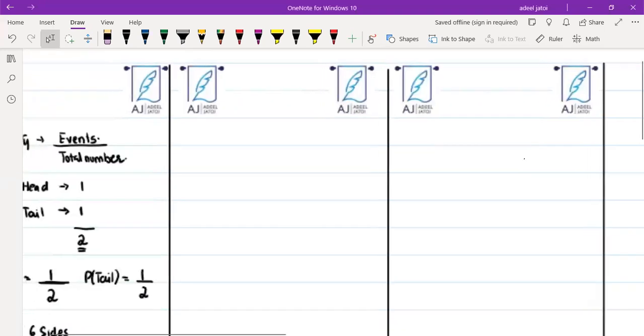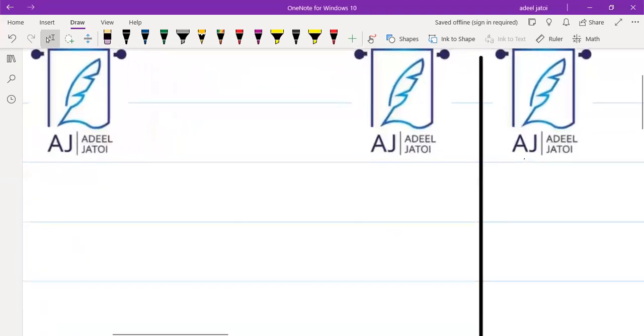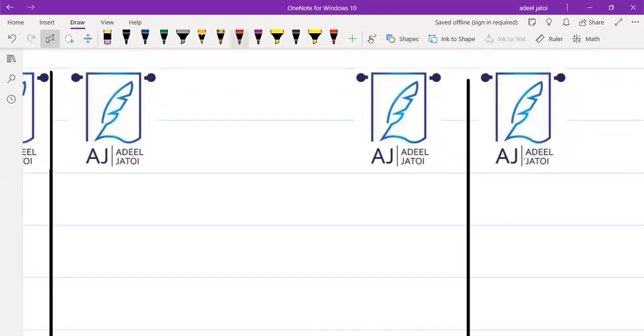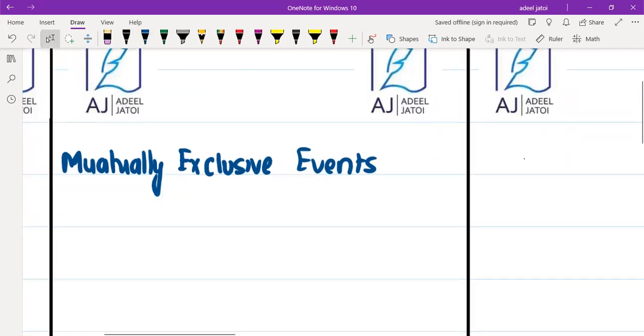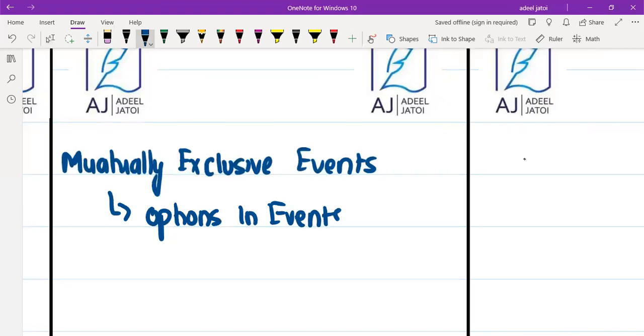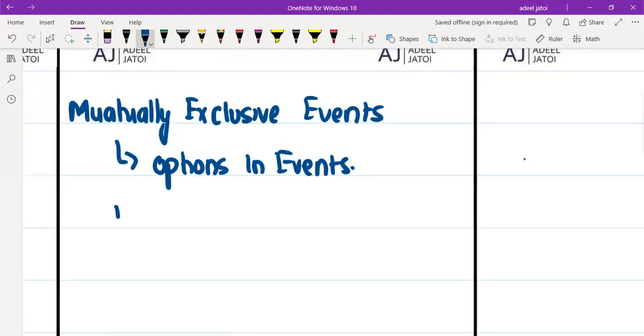Okay, moving further, you need to understand that there is one thing which is called mutually exclusive events. In other words, we say options in events. In a normal question, the word that is used is "or".